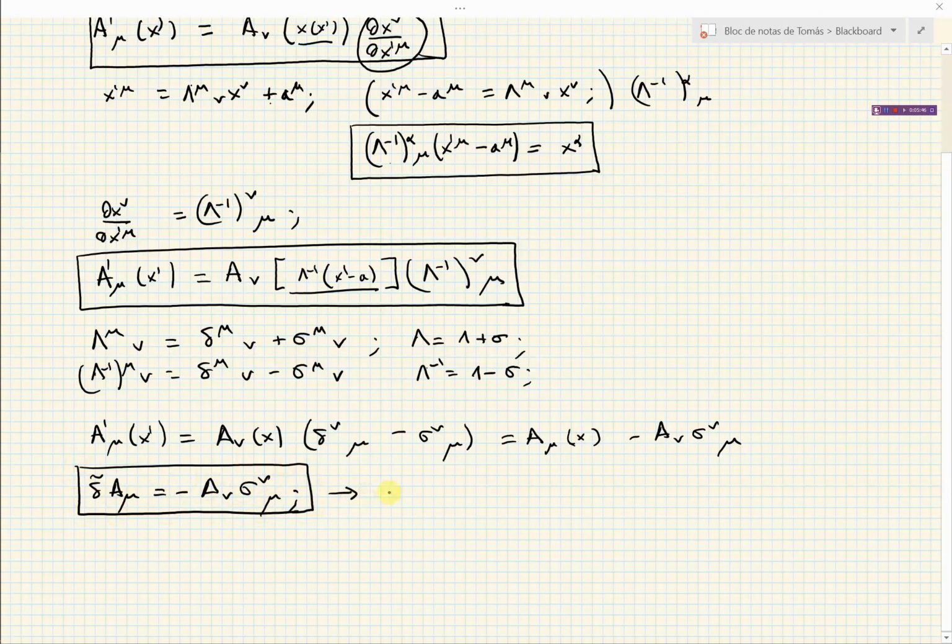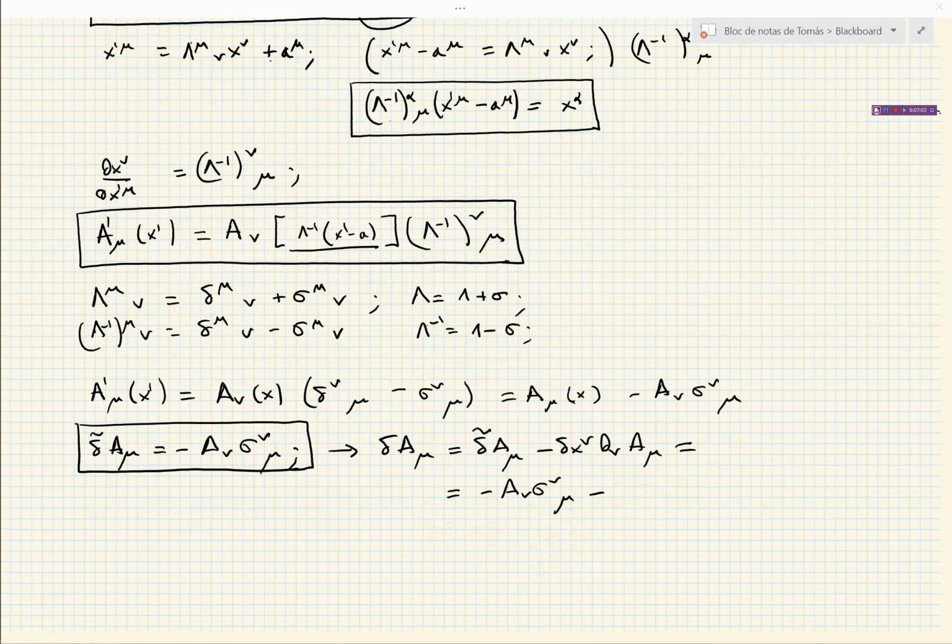Then using the standard universal formula, which tells us that this is delta tilde A mu minus delta x nu partial nu A mu, we find that this is minus A nu sigma nu mu minus delta x nu partial nu A mu.